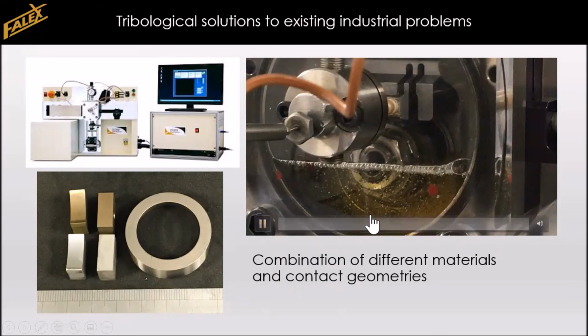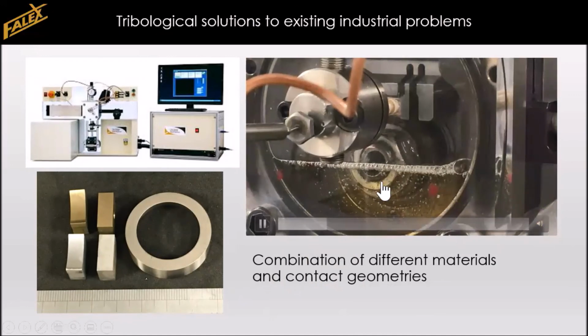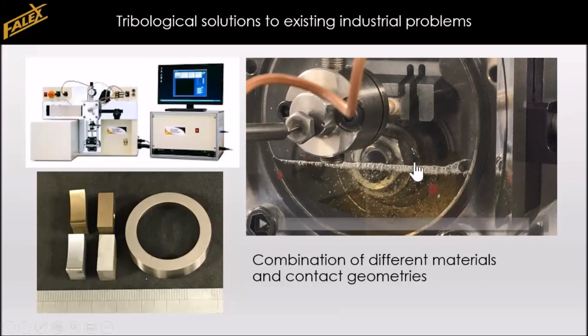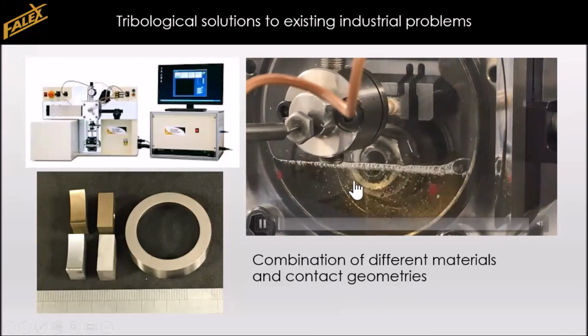And we can do this in an oil bath at a very low speed, as you can see it moving right here. With this test setup, we can vary the metal alloys, we can vary the alloy of the ring, and we can test a couple of different parameters that might be important, as well as the lubricated oil, of course.